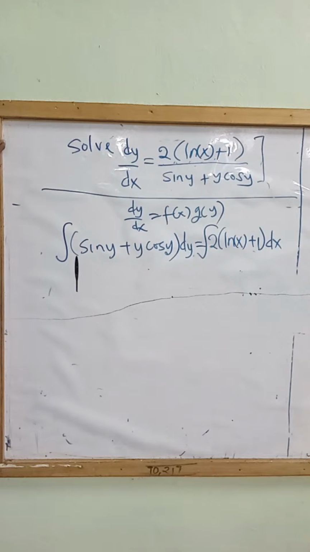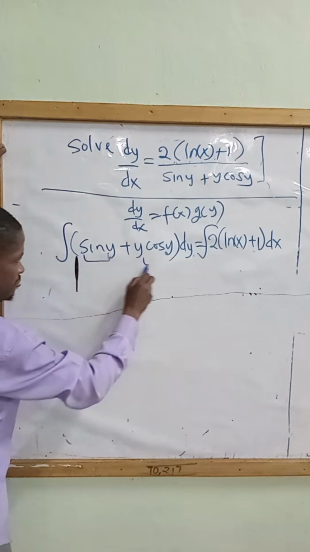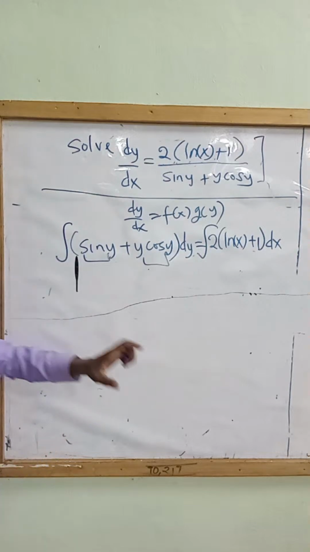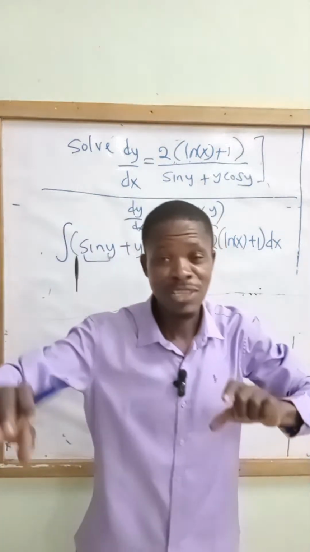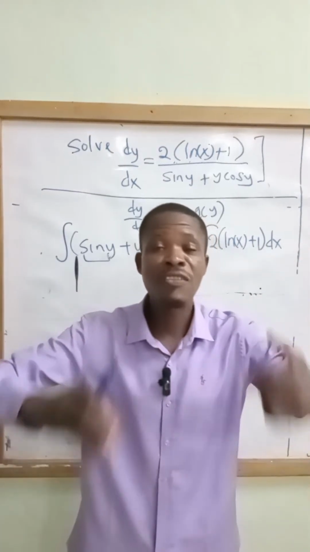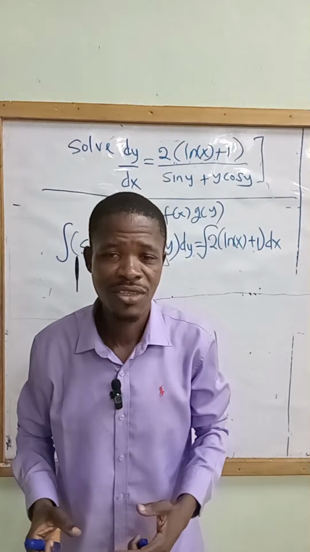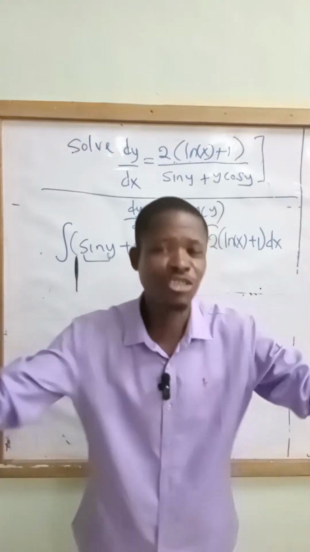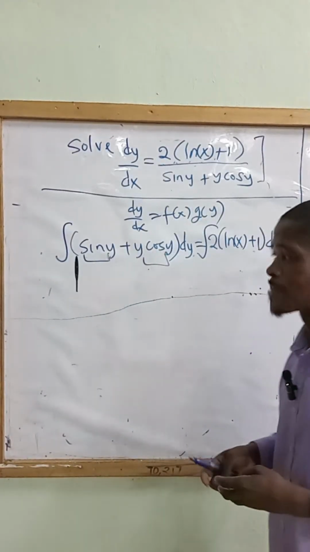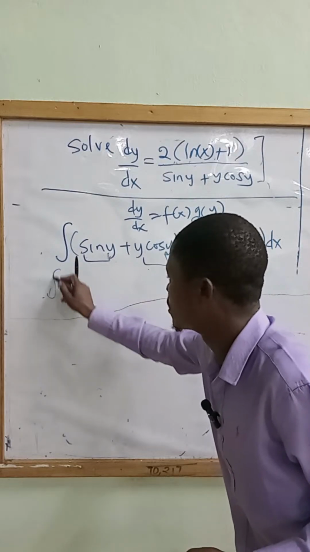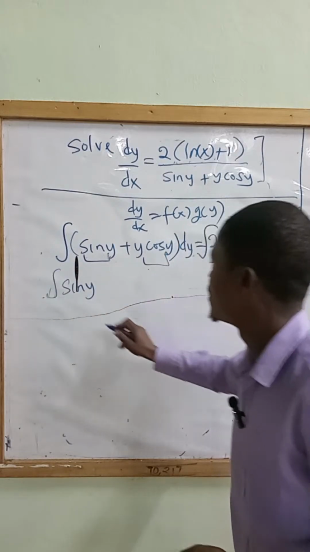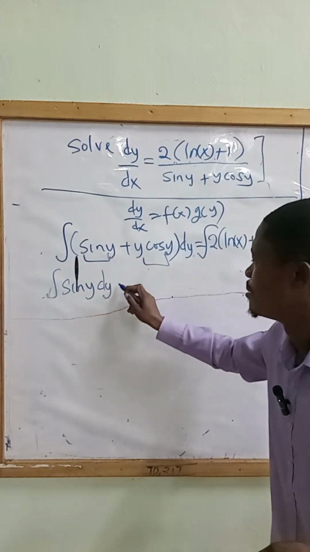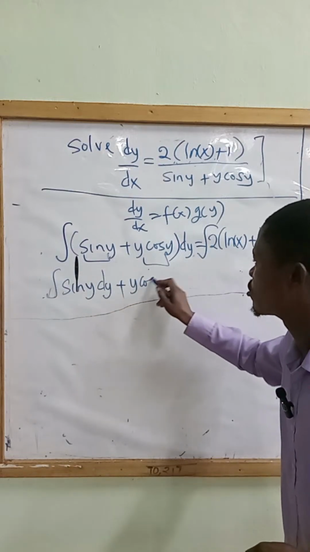Don't forget, the integral of a sum of functions is the integral of each of those functions, and the integral of a difference of functions is the integral of each of those functions. So it will be the integral of sine y dy plus y cos y dy.